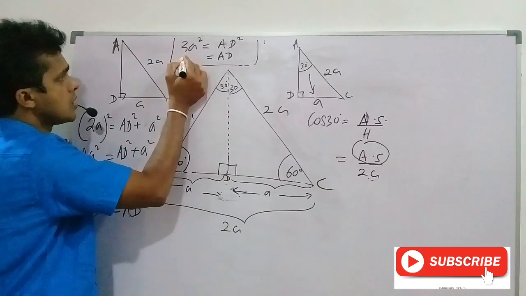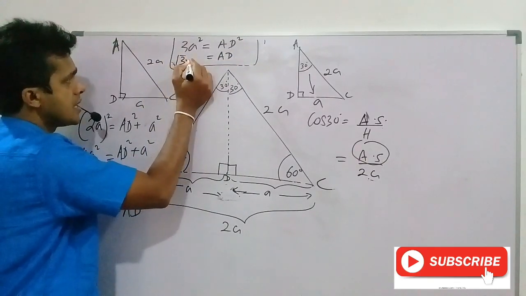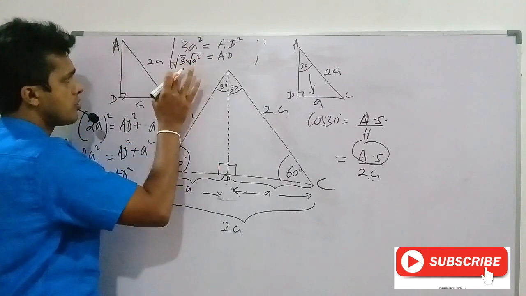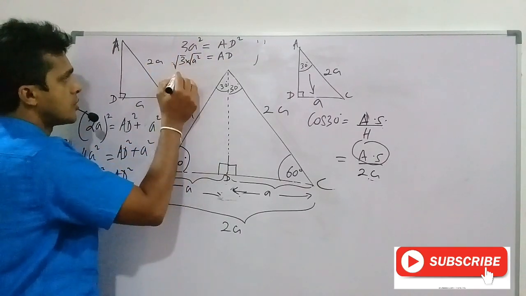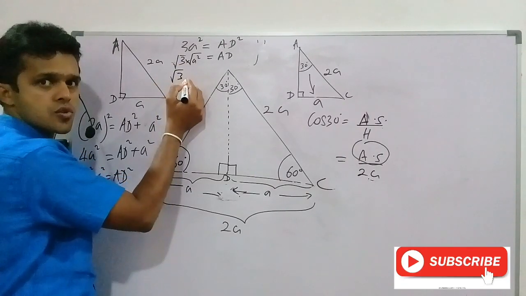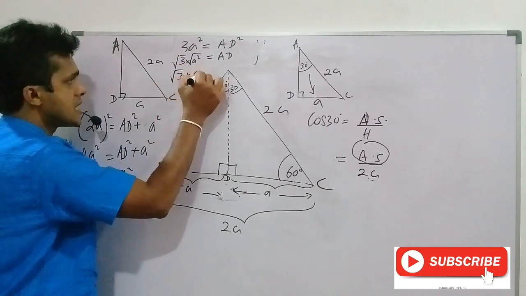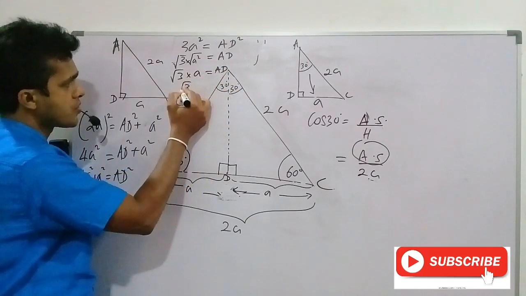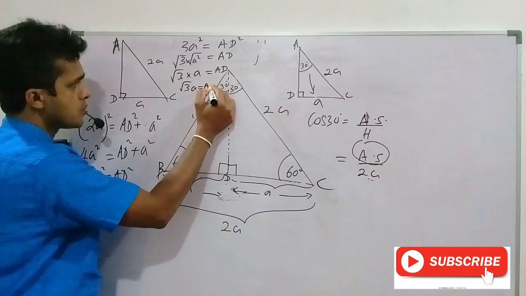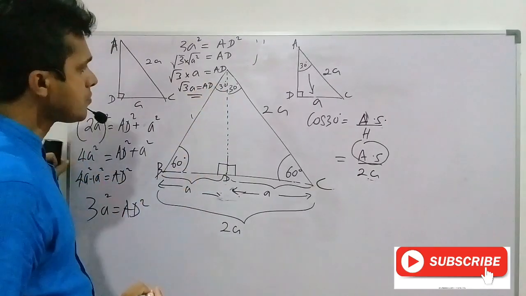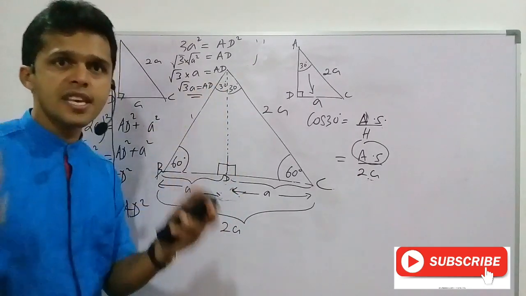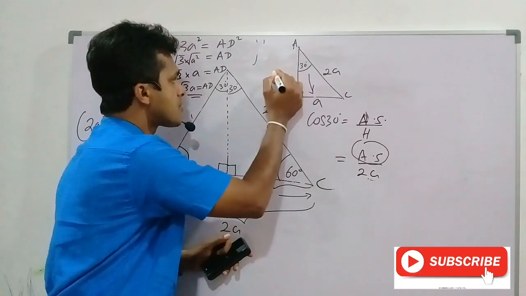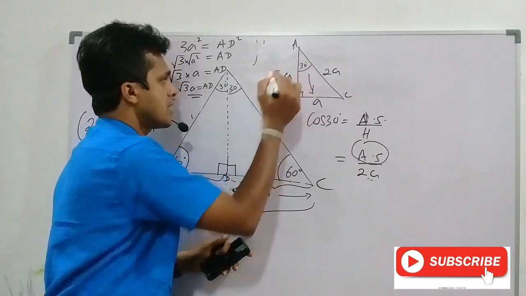AD equals root 3 into square root of a square, which is a. So AD equals root 3a. Now we have the value of AD, that is root 3a.